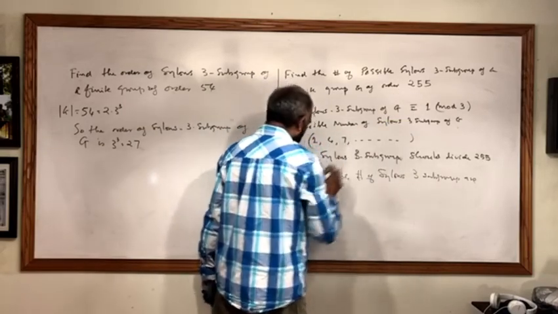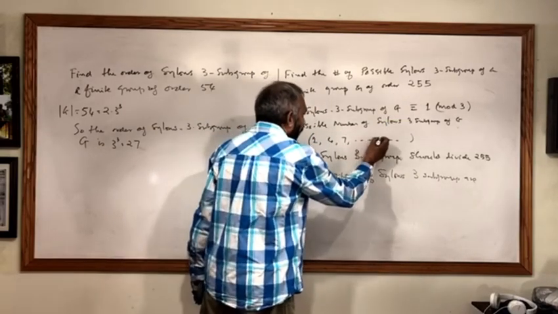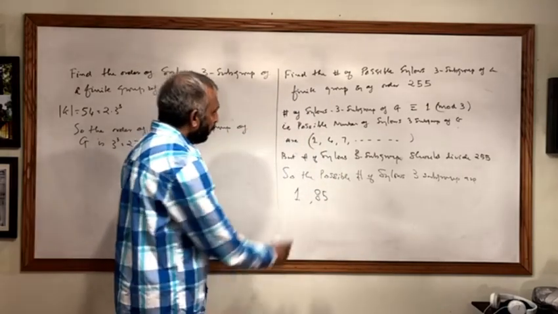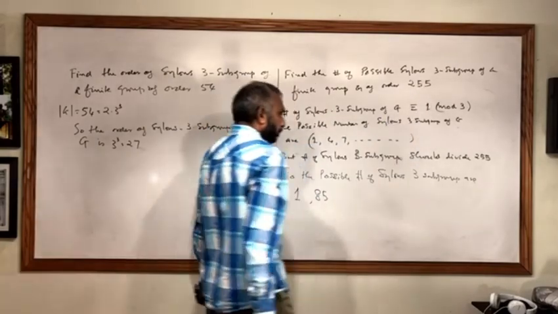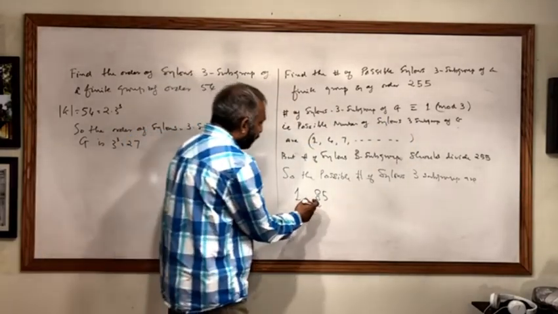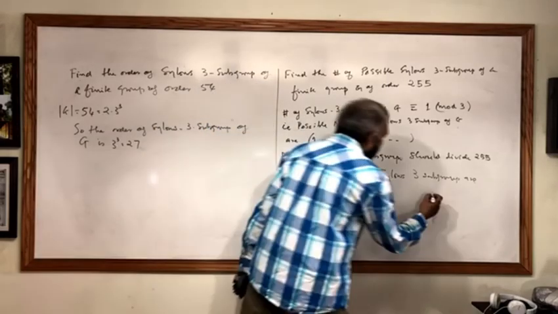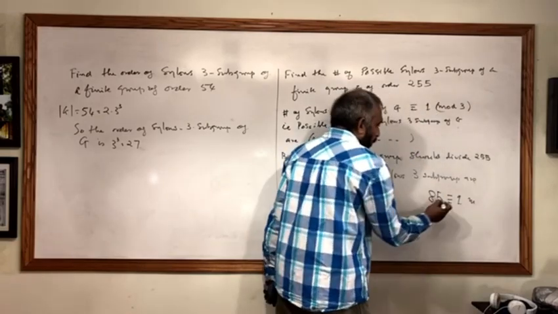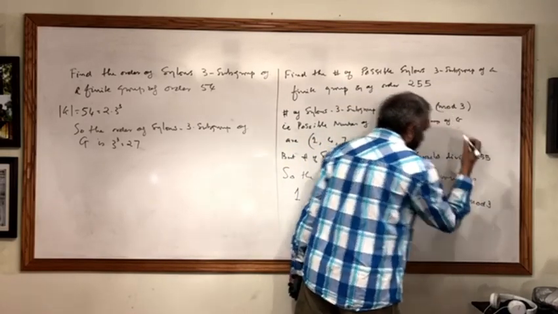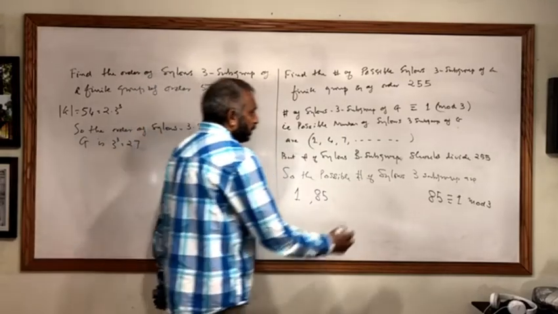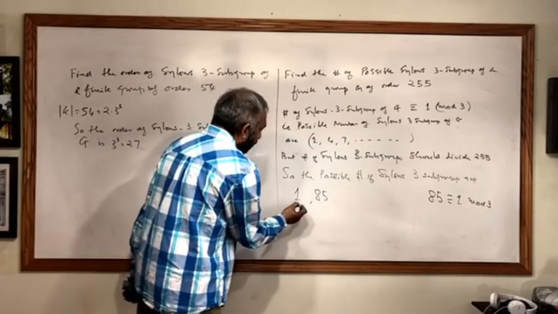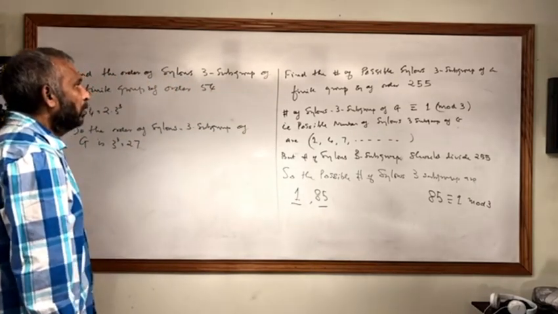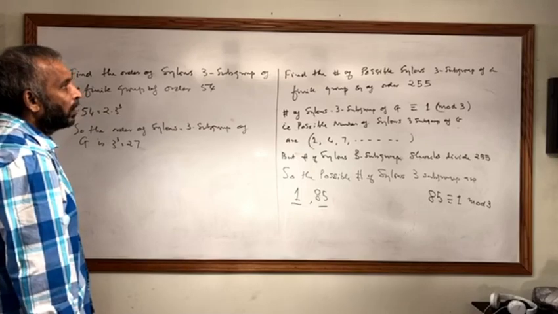If you go like this, the next element in this sequence will be 85. 85 divides 255, and 85 is congruent to 1 mod 3. Right? So these are the possible numbers of Sylow's 3 subgroups of a finite group G of order 255.